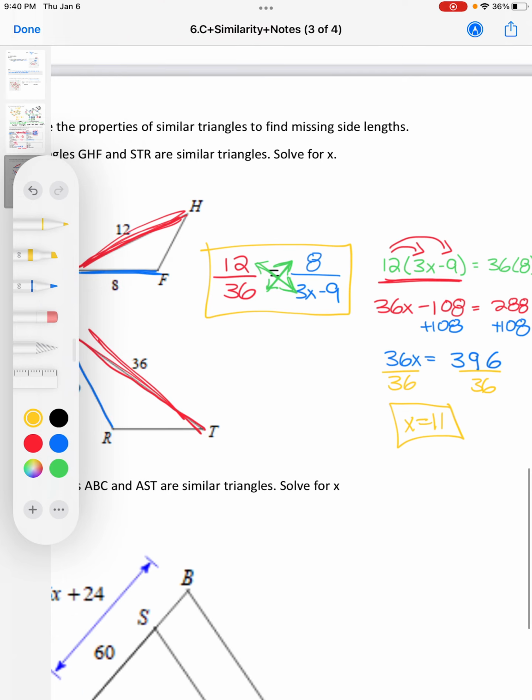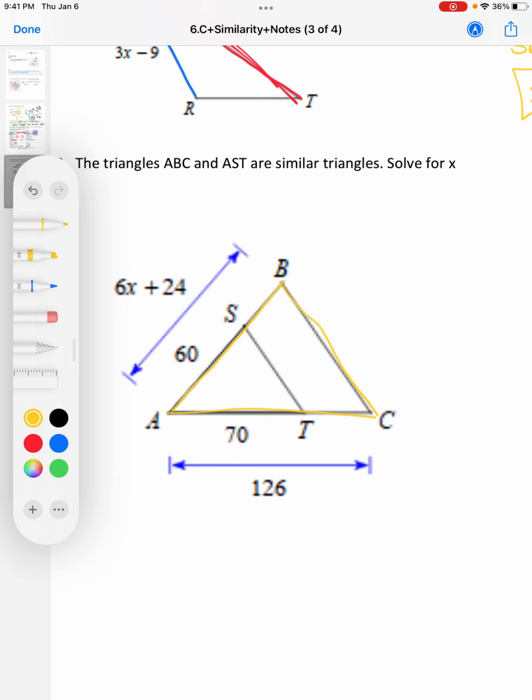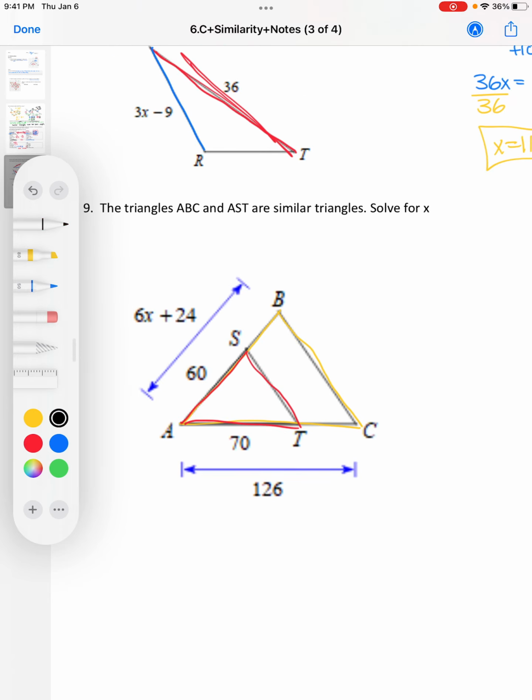So let's try it on this next one together. Okay, it says that the triangle ABC, so the one I have in yellow, is similar to the triangle AST, the one I have in red. So since they're similar, they'll have that ratio. So this side length of 60, we can compare it to the long one up here, and it gives us up here 6x plus 24.